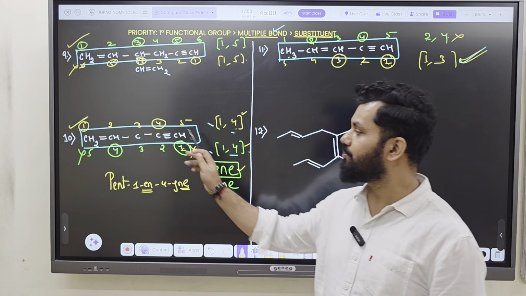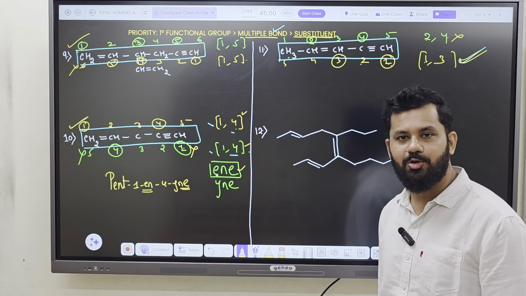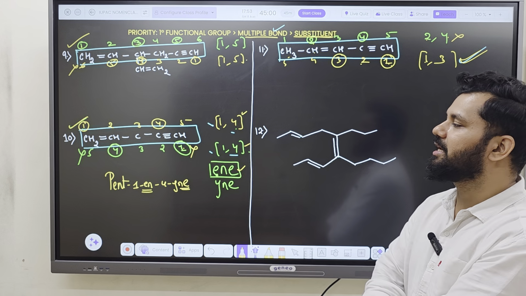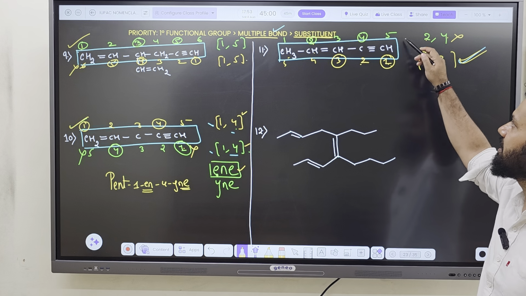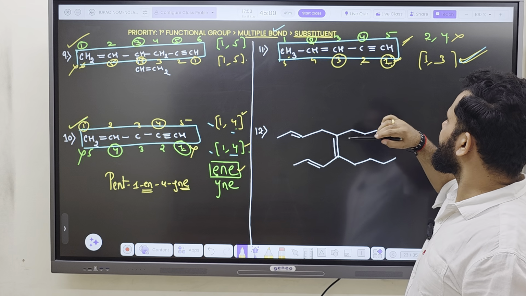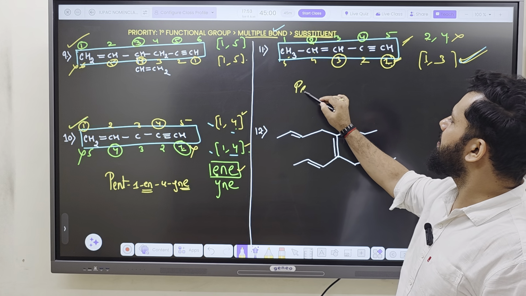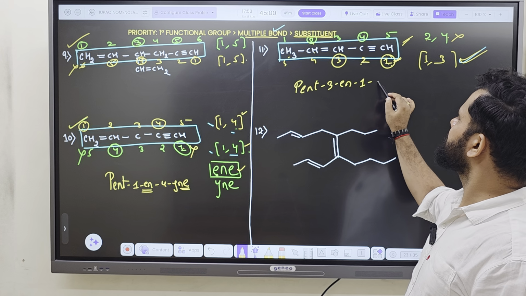But only when both ways you end up with the same set of locants, then you must choose the way of numbering in which the alkene gets the minimum number. Here first come first serve, here first come first serve. Okay. So the yellow way of numbering is the correct one. It says pent, third position yne, first position ene.